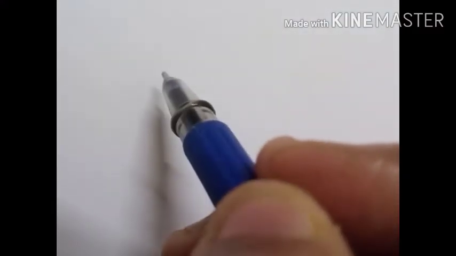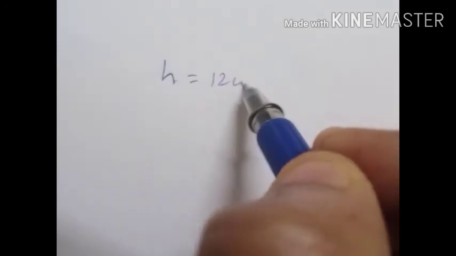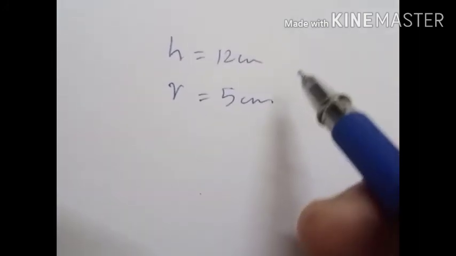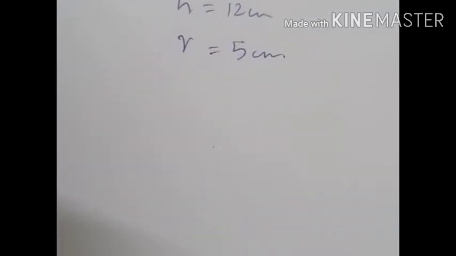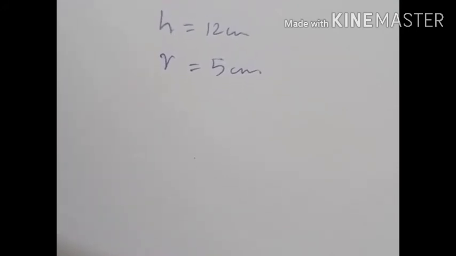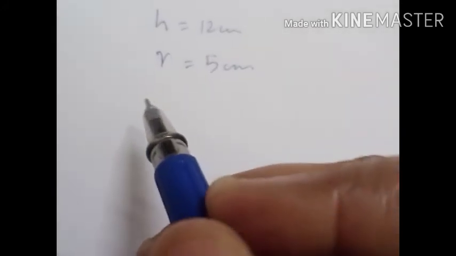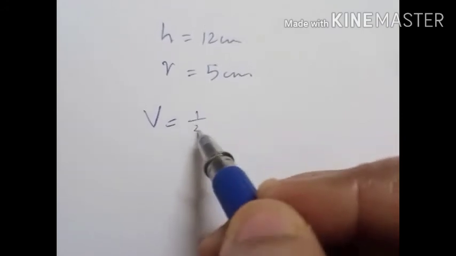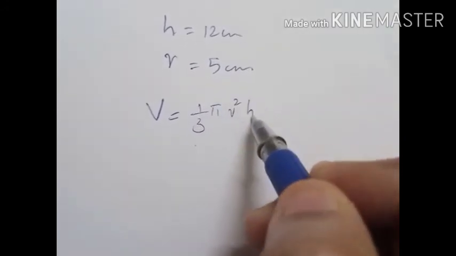So by comparing the right triangle and cone, we get h is equal to 12 centimeter and radius equal to 5 centimeter. And here we have to find volume of the solid so obtained. Here we get the solid like a cone. So the volume of the cone so obtained is 1 by 3 pi r square h.